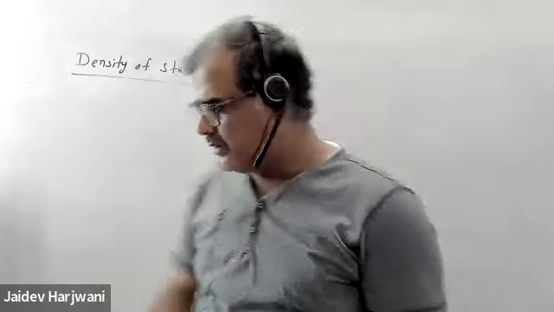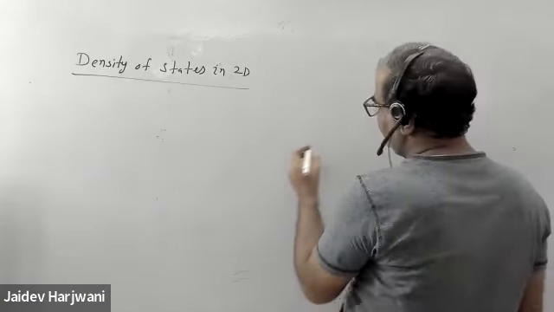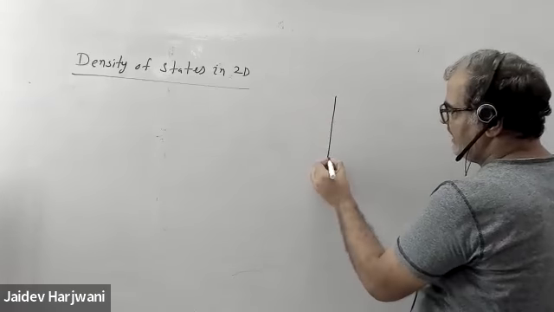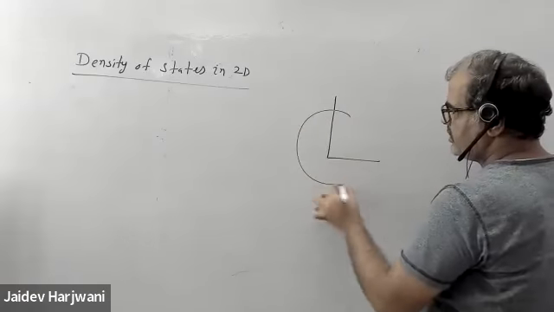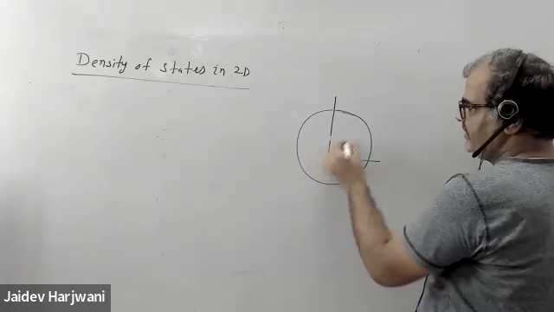Now if you want the density of states in 2D, the k values will make a circle.